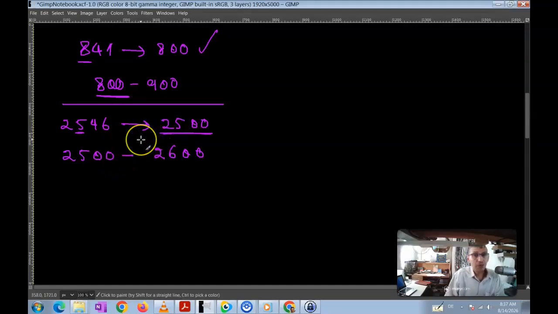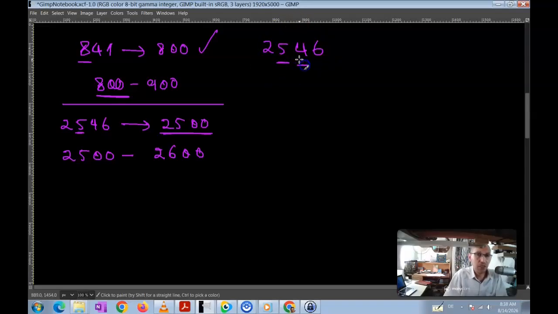Or any of these, if you want to round them using the digits, you could simply say that 2546, you want to round to this digit, meaning to the nearest hundreds.